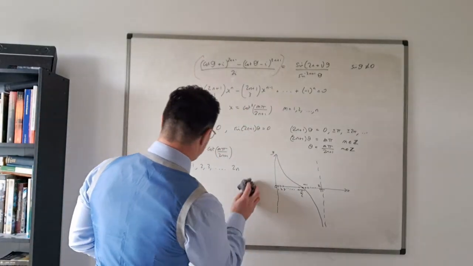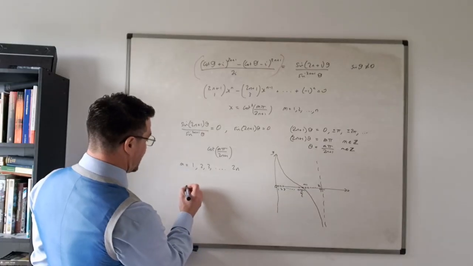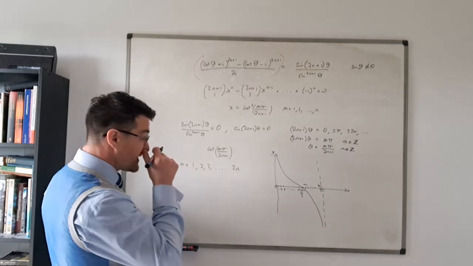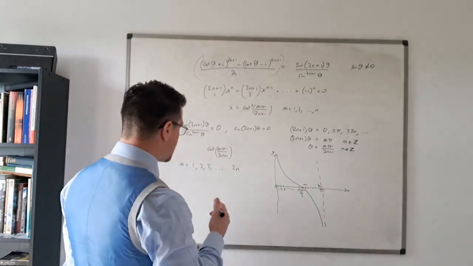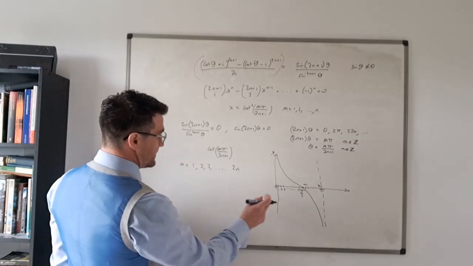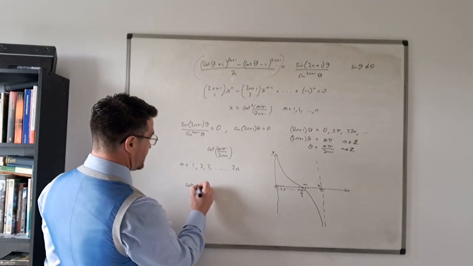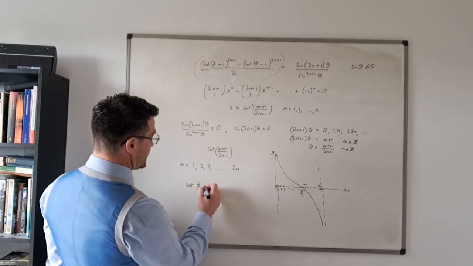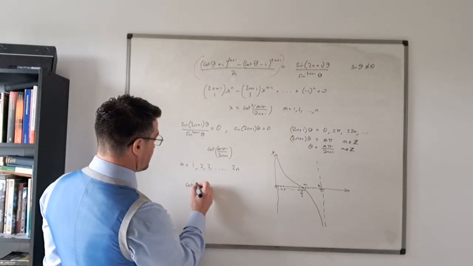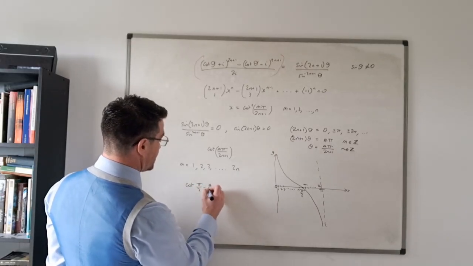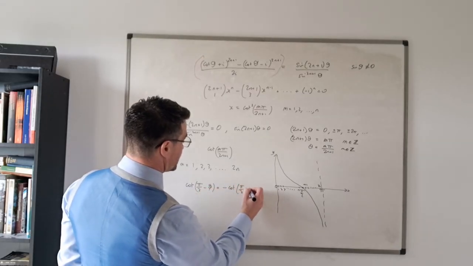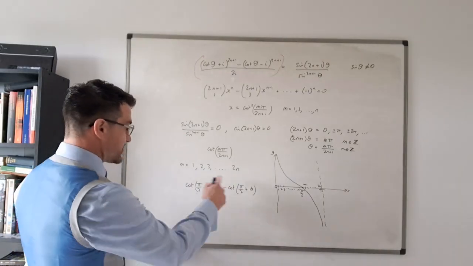What I'm using here is the fact that about pi by 2, because of the oddness of cot, I guess, in a way, cot of pi by 2 minus phi is equal to minus cot of pi by 2 plus phi. Then the squares are going to be equal.